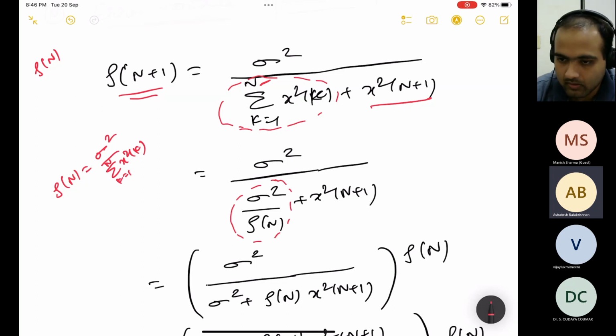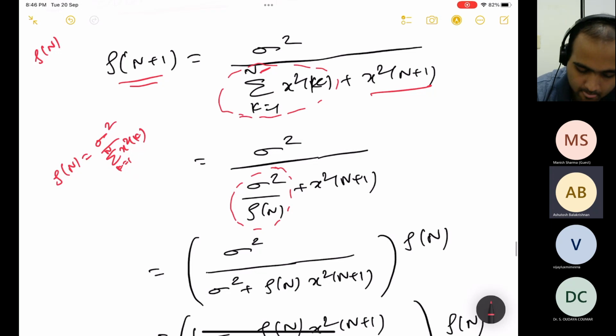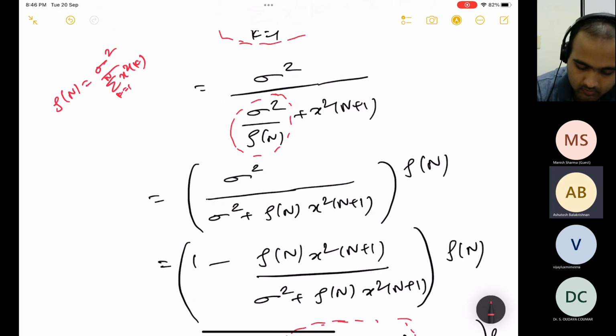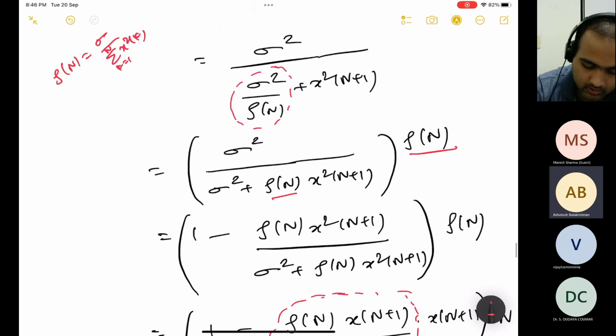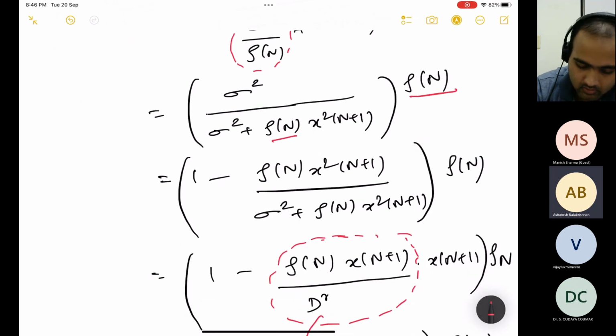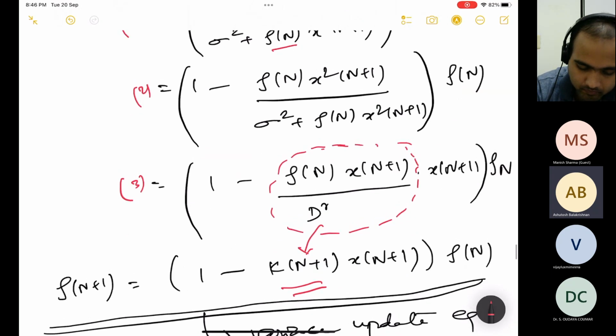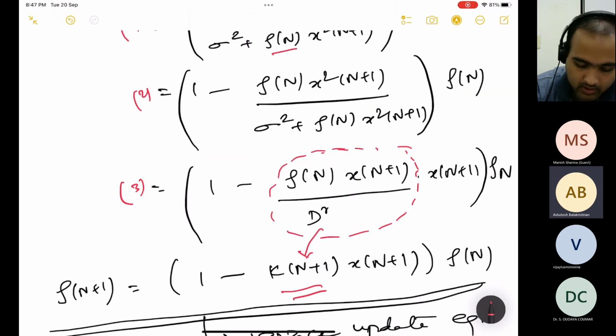So we are just playing with the fractions. If we solve this, rho n will get multiplied with x square n plus 1, and rho n will go to the numerator. If I further solve this, this is step 1, step 2, step 3. In step 3, we have rho n x square n plus 1 divided by sigma square plus rho n x square n plus 1.